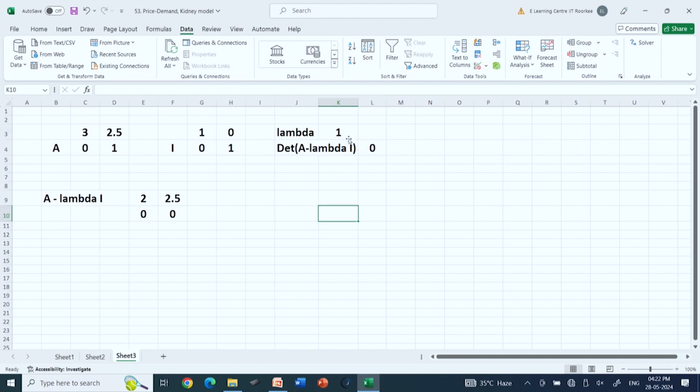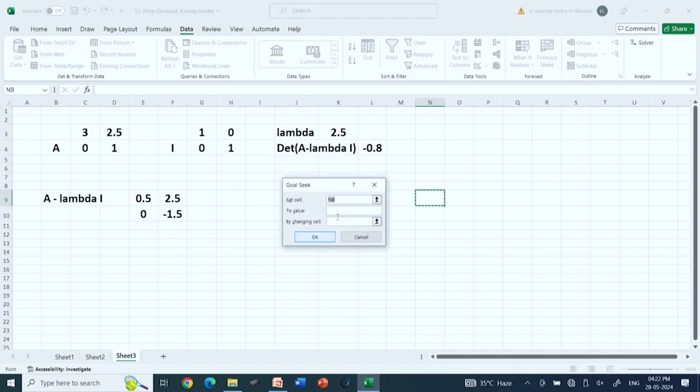So, here if I now put the value to be say 2.5, because I know that the value is 3, again I will go to What-If Analysis, Goal Seek, then I again choose this determinant, this value has to be 0 by changing the cell lambda, and let me see, okay.